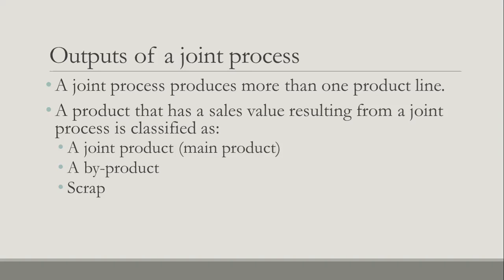Okay? Over time, a company can change a product classification because of changes in technology, consumer demand, or ecological factors. In fact, some products originally classified as byproducts may be reclassified as main products.